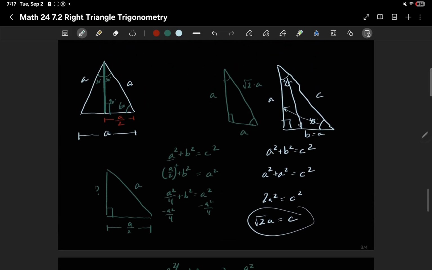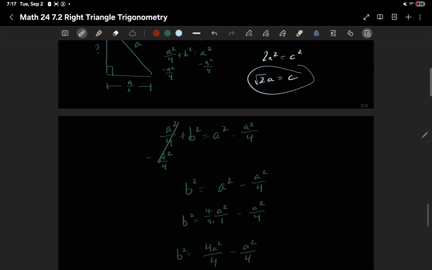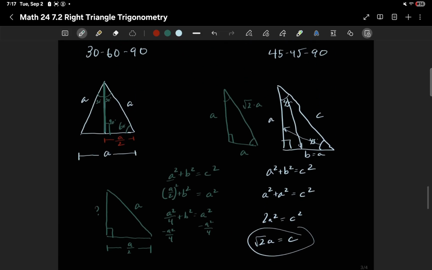So we're going to scroll back up. And basically what we figured out is we have another name for b. We can call b square root of 3 over 2 times a. And so our triangle here, this question mark that we left before, well, rather than calling it b, we can just call it square root of 3 over 2 a.